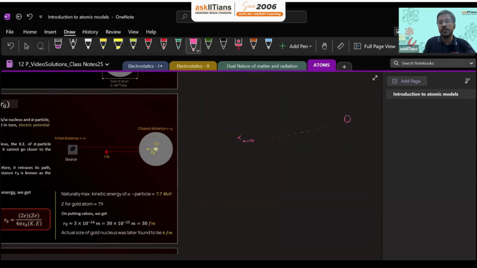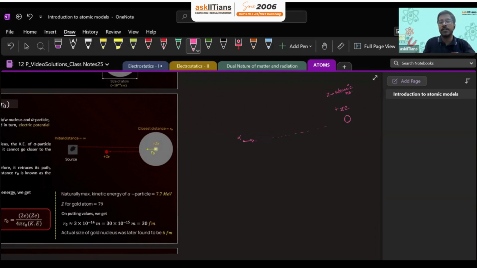Okay, this is a nucleus with atomic number Z, where the total positive charge is Ze, where Z is the atomic number. So what happens? Here the alpha particle goes along this path.